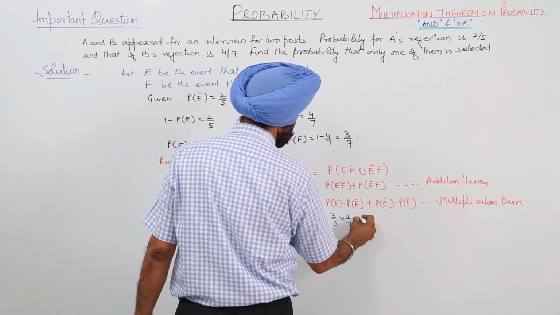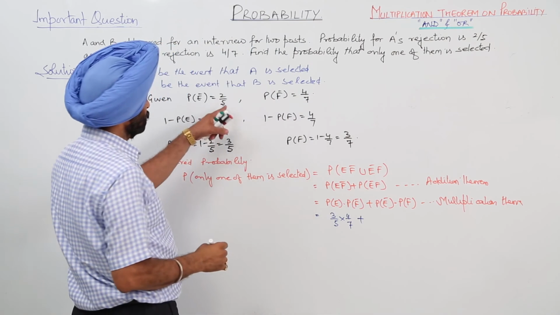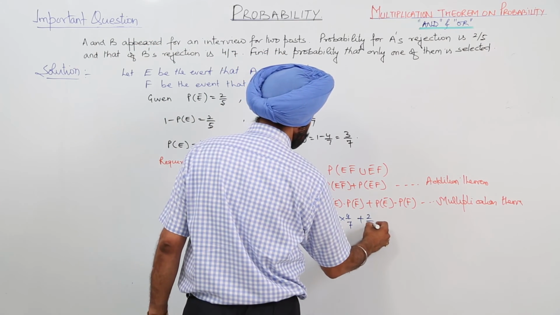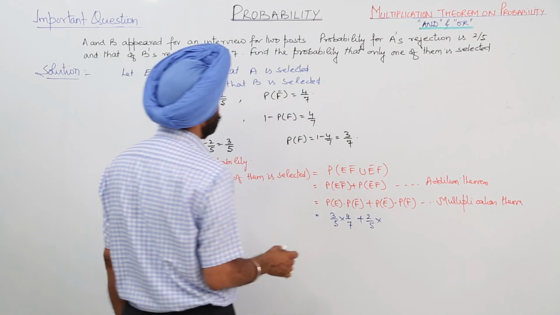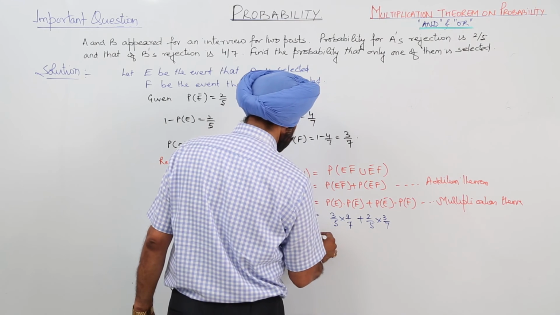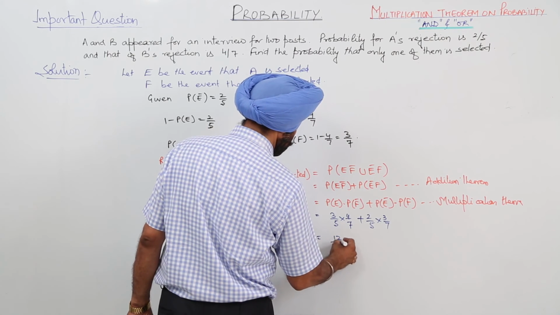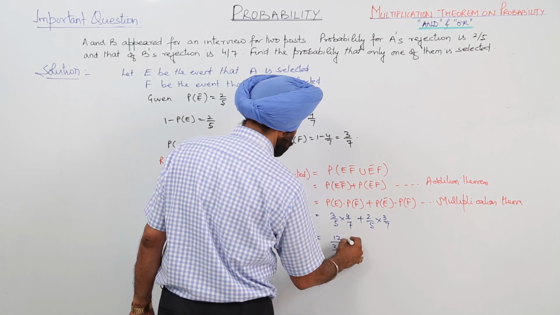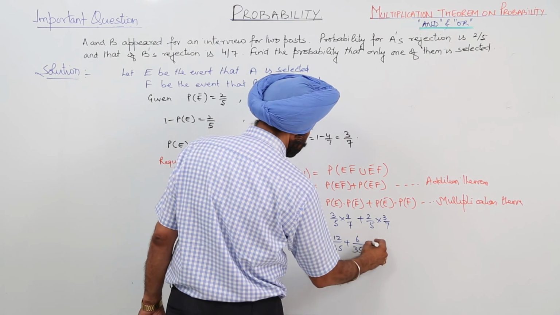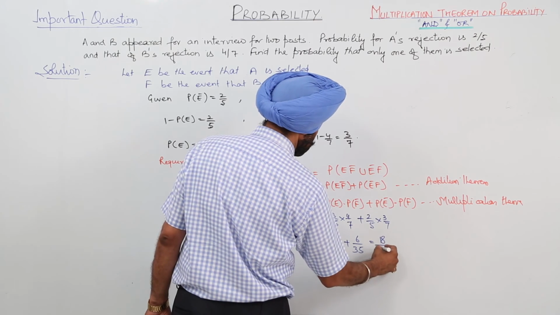Plus E naught 2 by 5 times probability for F, that is 3 by 7. Now, this is equal to 12 by 35 plus 6 by 35 is equal to 18 by 35.